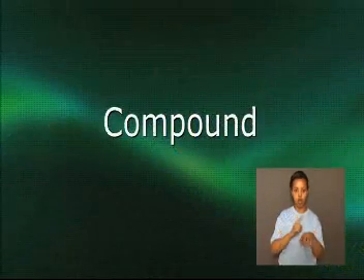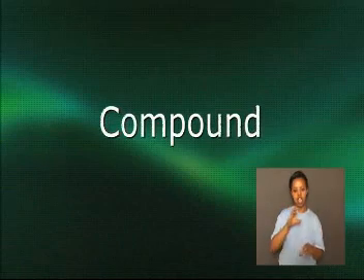Atoms from different elements can join together to make a molecule of a compound. A compound is a substance that is made from molecules containing more than one kind of atom in a fixed ratio. This means that the atoms are always present in these ratios.